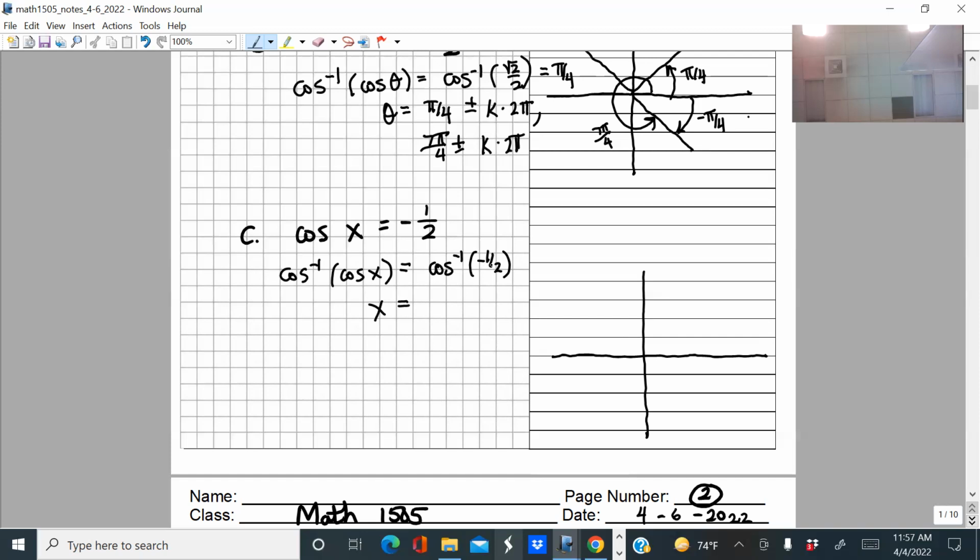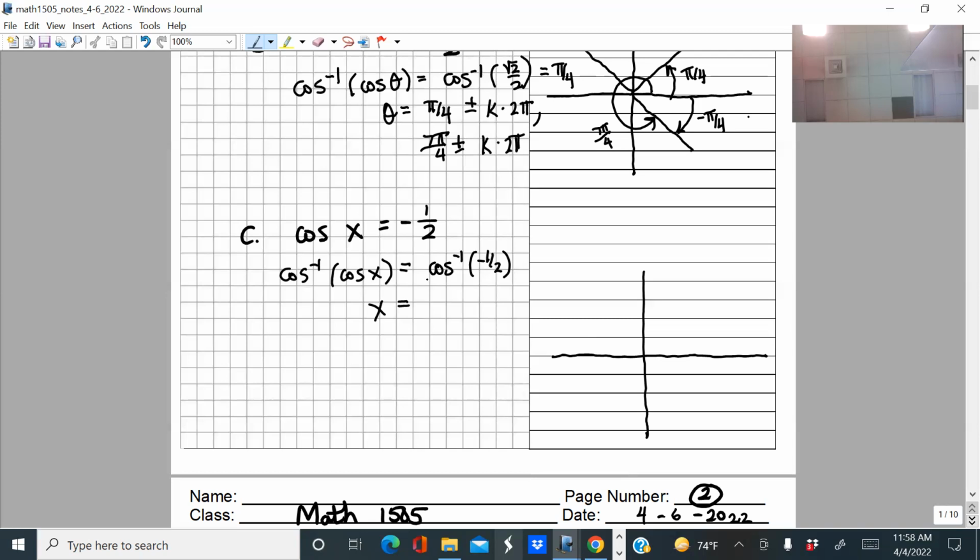If I write down inverse cosine of minus 1/2, I want to be between 0 and pi, but this is negative, so which quadrant? Not 3, because if I compute inverse cosine, I have to get an angle between 0 and pi. So I know I'm in quadrant 2.